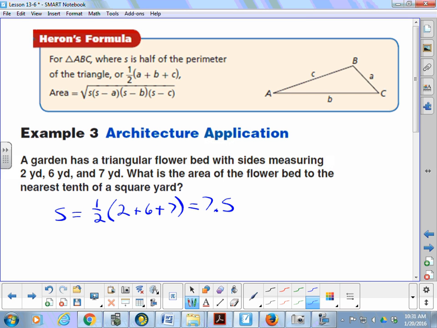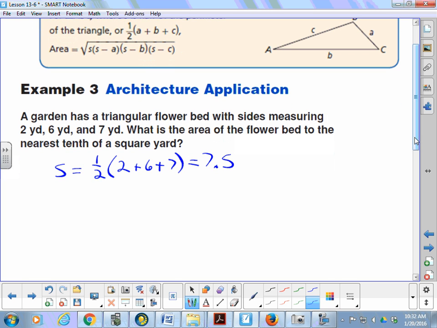A garden has a triangular flower bed with sides measuring 2 yards, 6 yards, and 7 yards. What's the area of the flower bed to the nearest tenth of a square yard? So we find S, and then to find the area, plug it into the formula.